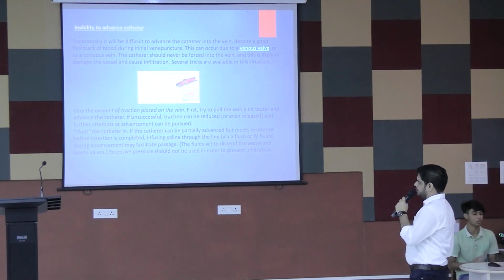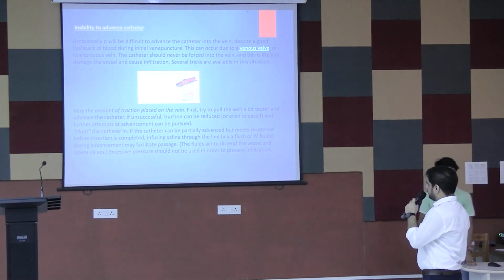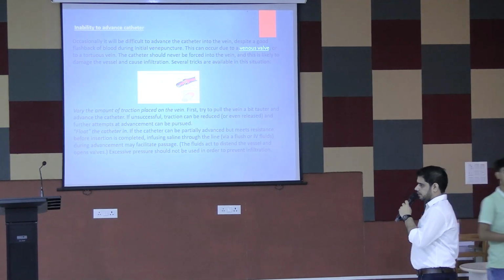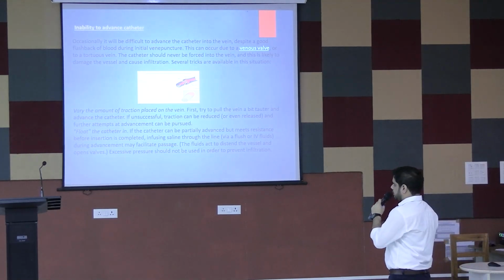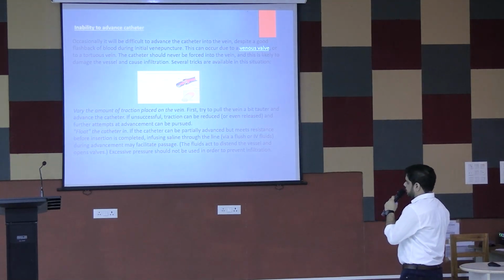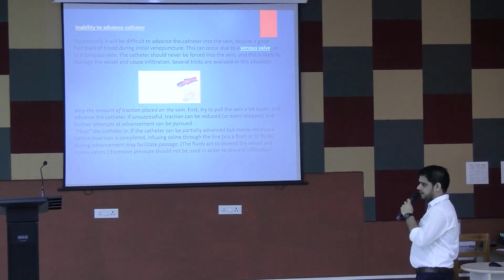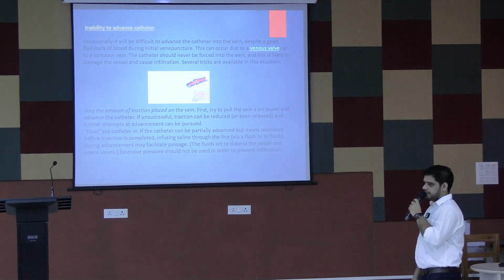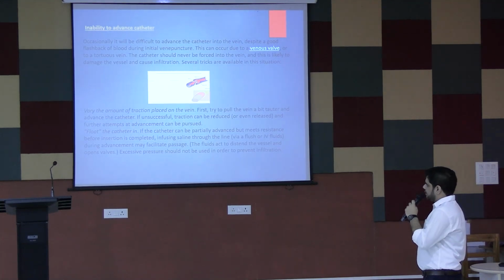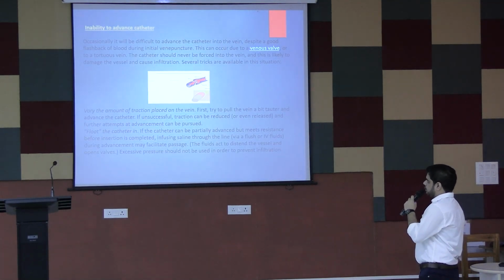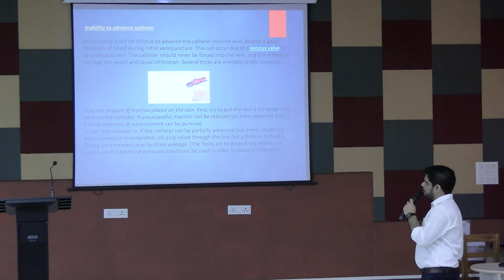Inability to advance the catheter. There are multiple causes if we are not able to advance the catheter, like many venous valves present in that vein, and it may be possible that the cannula was introduced outside the vein.